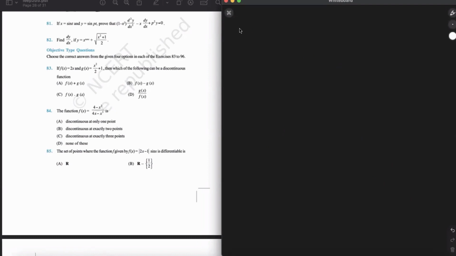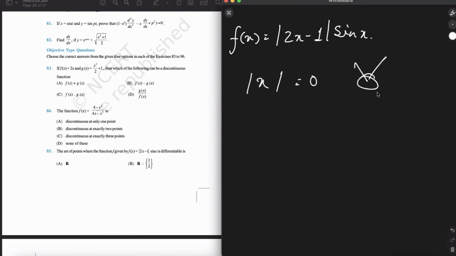So the function f given to me is f(x) is equal to mod 2x minus 1 times sine of x. Is it differentiable? Okay. So this will always be differentiable, but not at the point when mod of x is equal to 0, we get a kink, right?